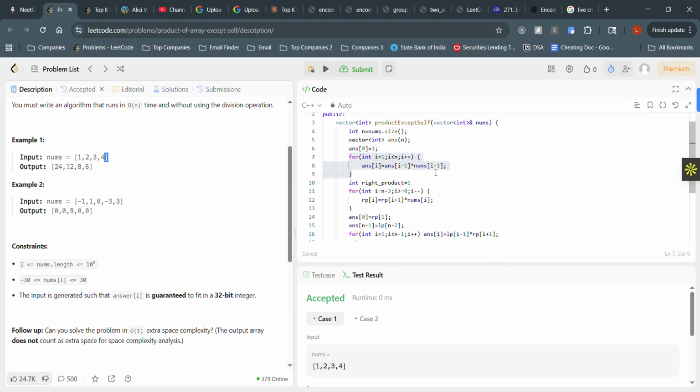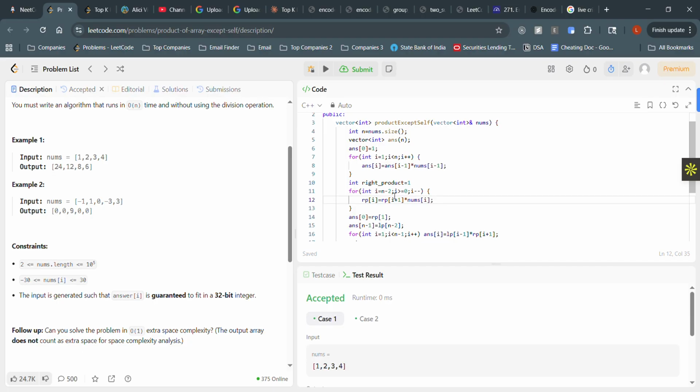We don't need to do anything because the right product is not contributing to it. Alright, but if we look at this 3, initially this 3 has the left product of one element less, so it has the value 2 on this index for answer. But we also need to consider this 4. So we need to multiply my right product to this I plus 1 index when I am at I.